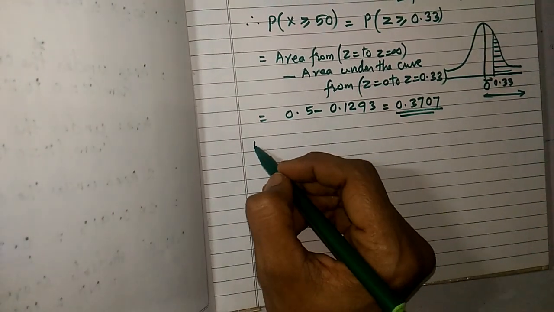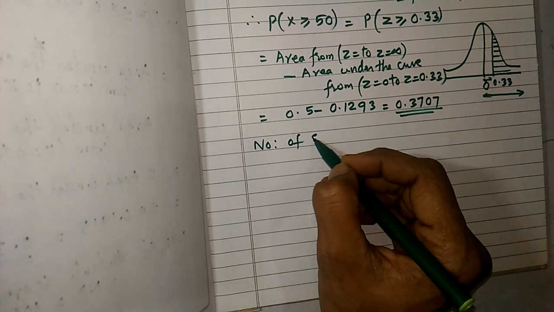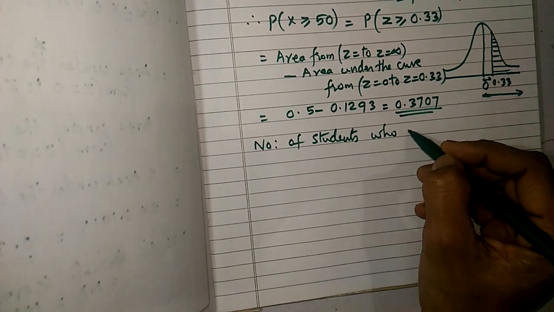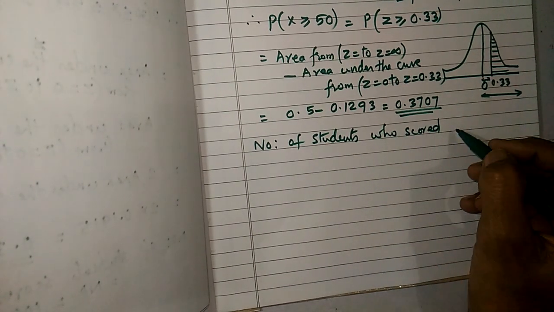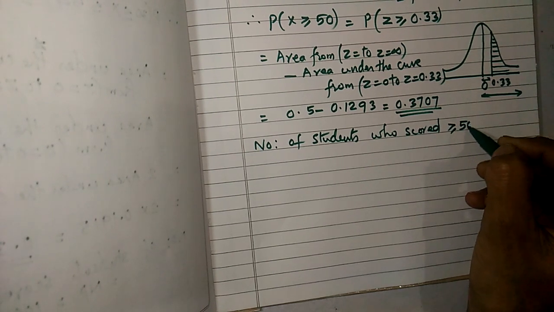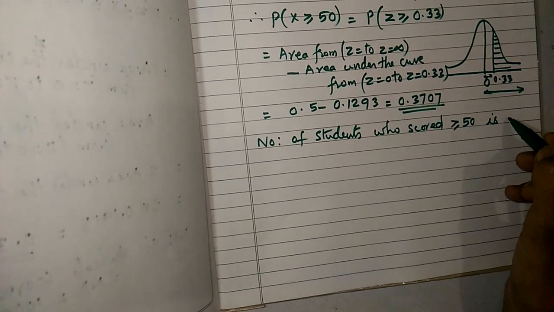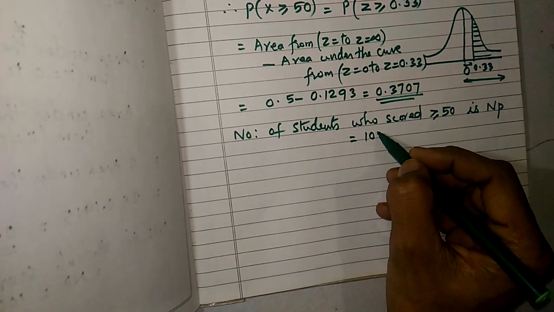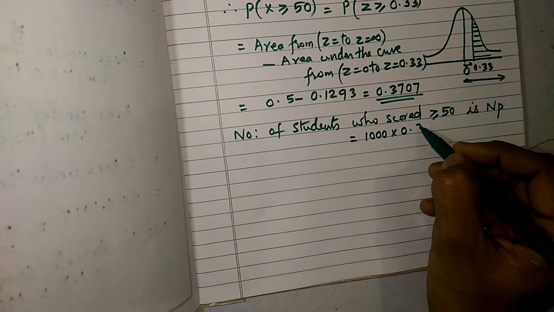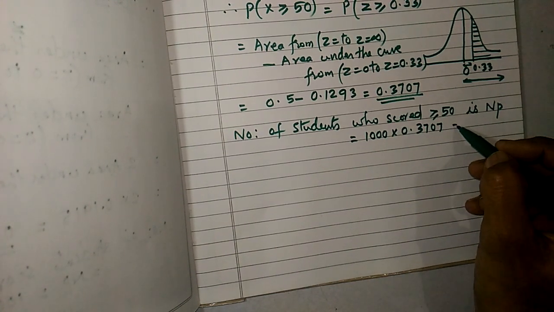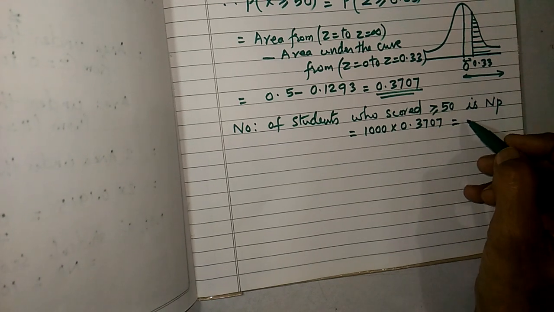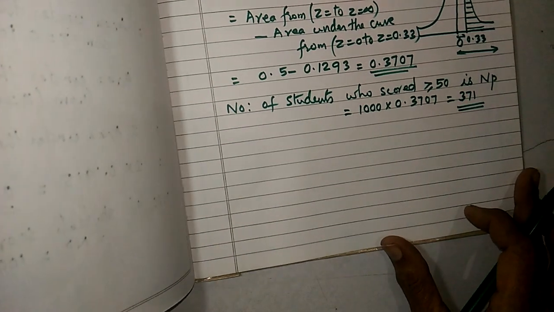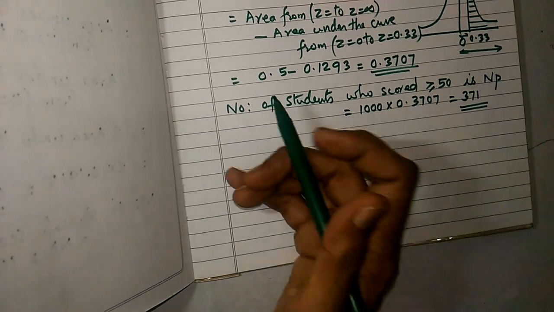So the number of students who scored greater than or equal to 50 is given by n into p. That is n equal to 1000 into 0.3707, which is equal to 370.7, and being the number of students, you will take it as 371. So 371 students got more than 50 marks.